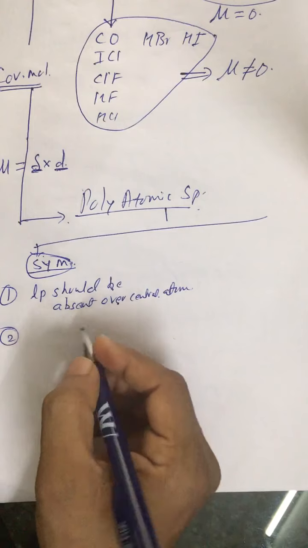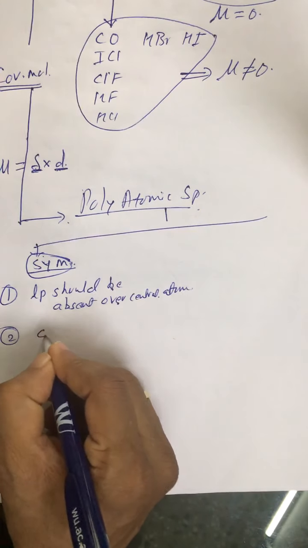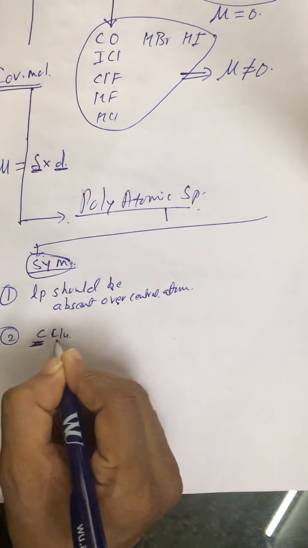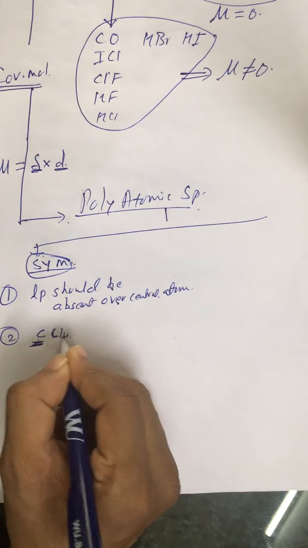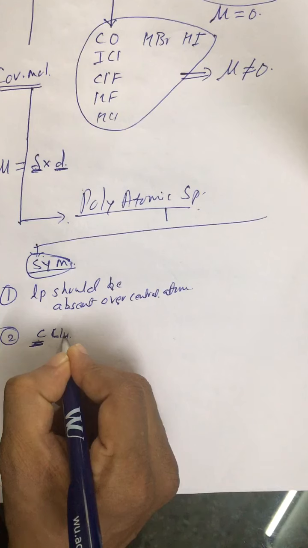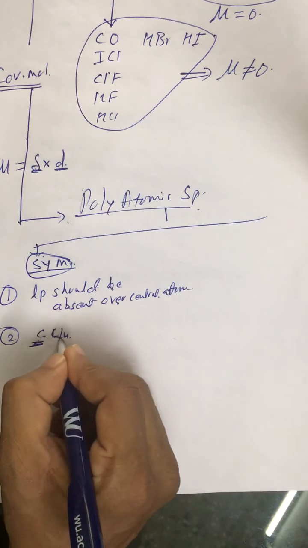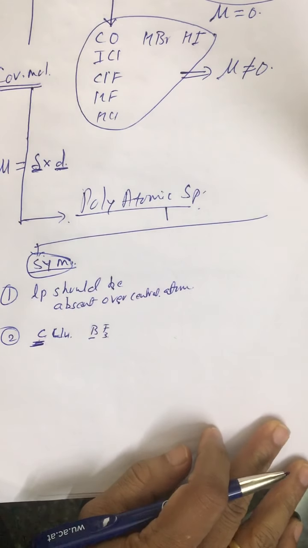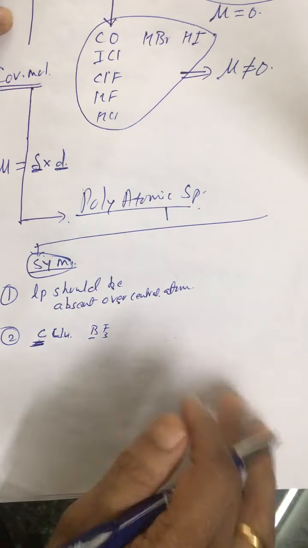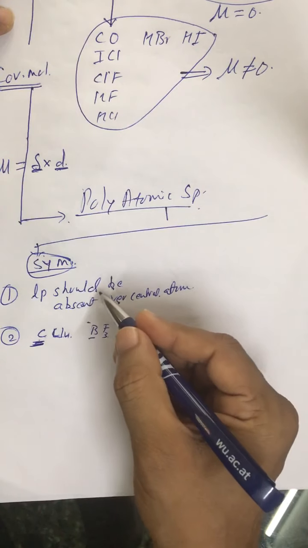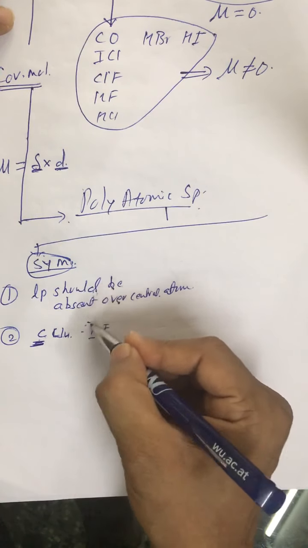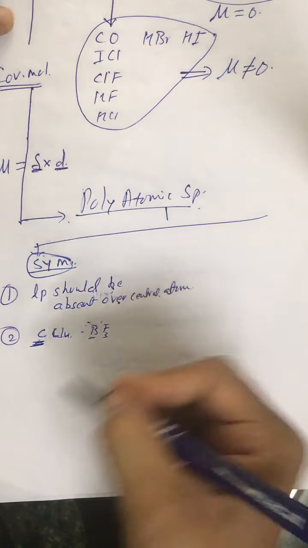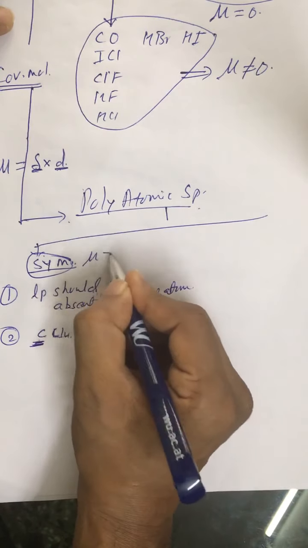Look at cases like CCl4, where the central atom is carbon, to which similar atoms are bonded. Or BF3, where the central atom is boron, to which similar atoms are bonded. So these are the two conditions. If any molecule follows these two conditions, you can straight away say that the dipole moment is zero.